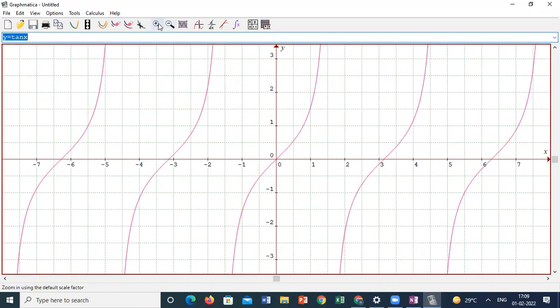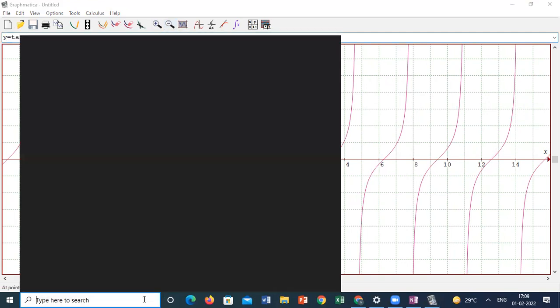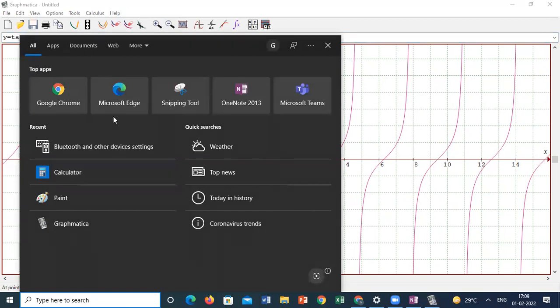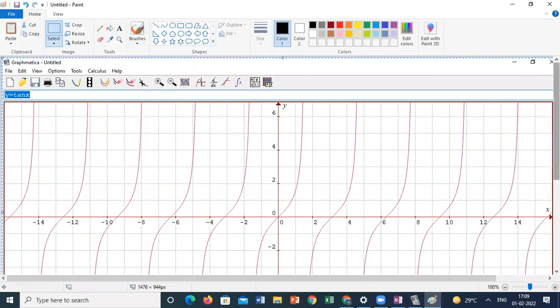So I'm zooming out to understand a little bit more. I'm taking the window of this, and I'm trying to explain the exact meaning of differentiation in the graph. This is the function.